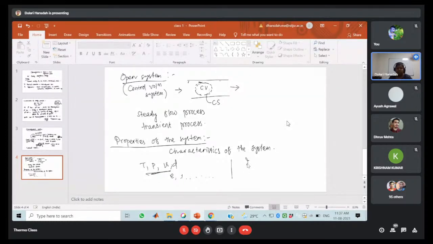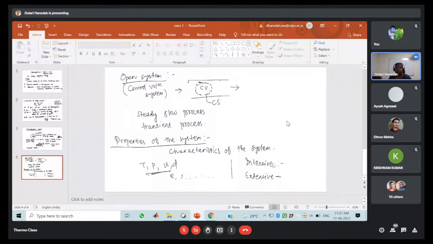Then we have different categories of properties. One is intensive properties, another one is extensive properties, right? Intensive properties means they do not depend upon the mass, but extensive properties depend upon the mass.